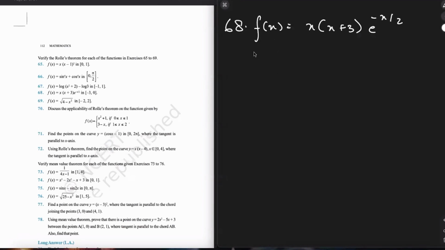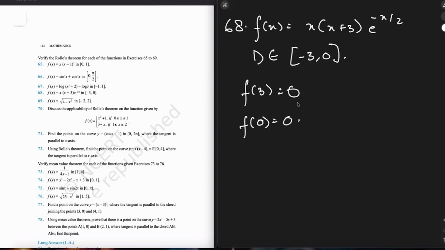The domain given to us is -3 to 0. So on putting the value of -3 over here, it will be a 0. And similarly for f of 0, it will be a 0. So that satisfies our condition for Rolle's theorem to be applicable, right?